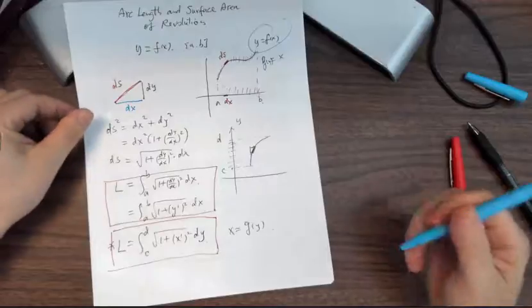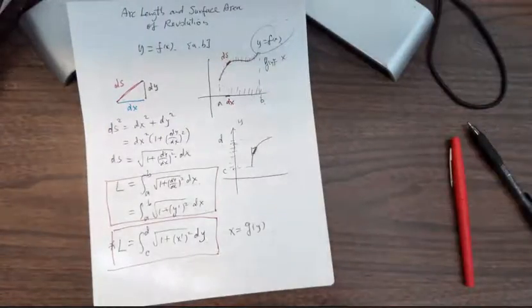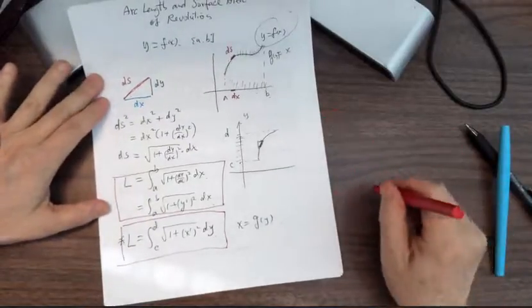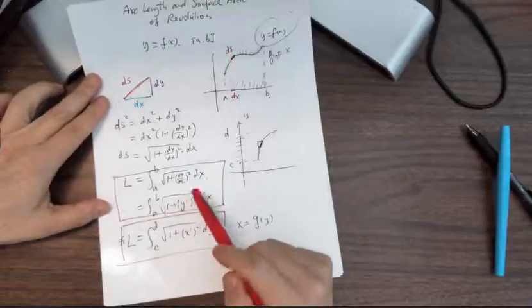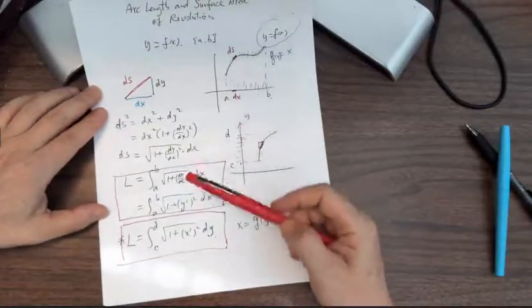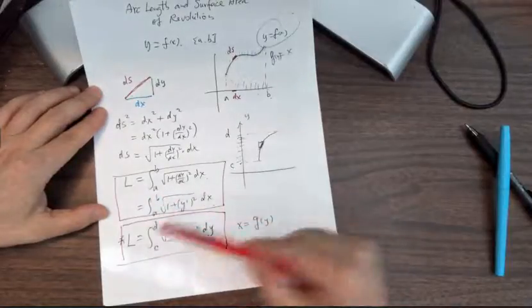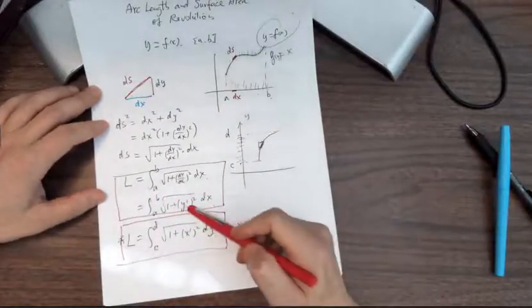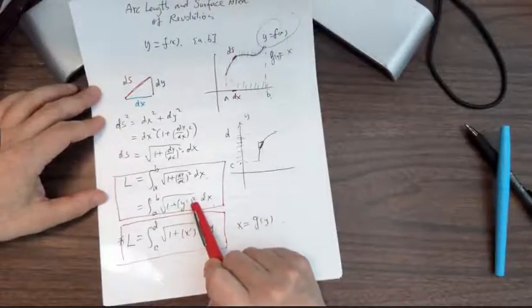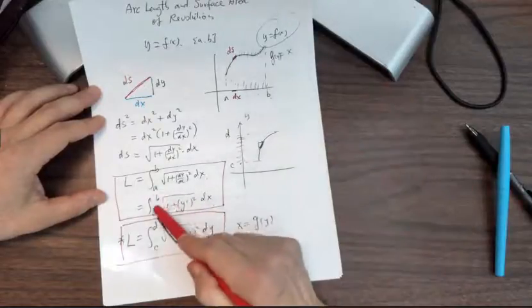All right. Now, before I show you examples, I want to point out that, as you can see, it's very simple to set up the integral in this version or this version. What you need to do is just differentiate and square and plug in. So it's an integral of a square root.